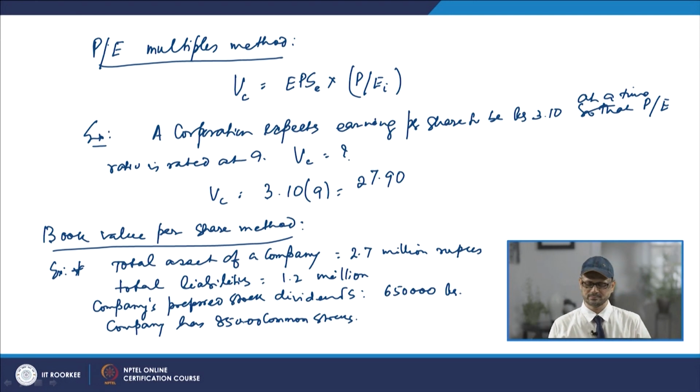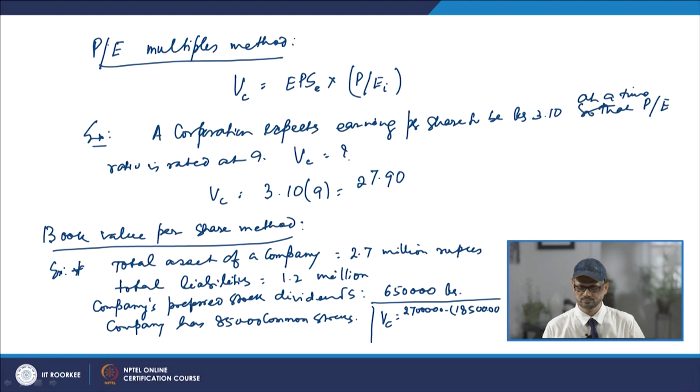So, basically in this case if you have to find the value, it will be 27 lakh minus the liabilities, 1.2 million, plus the company's preferred stock dividend, that is 6.5 lakhs. So, it will be 18,500,000.